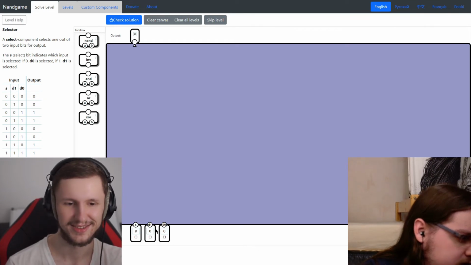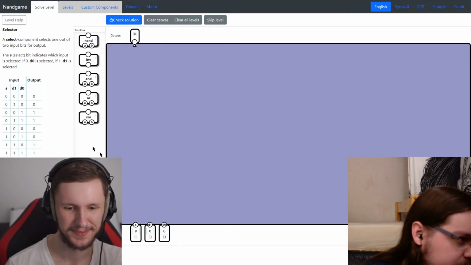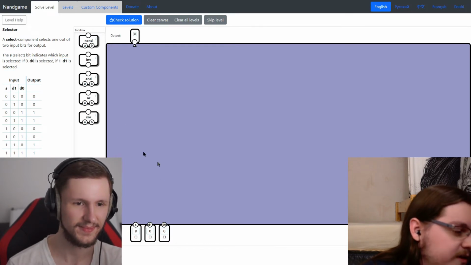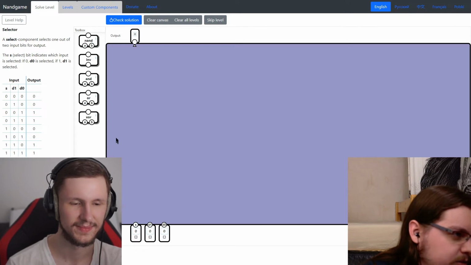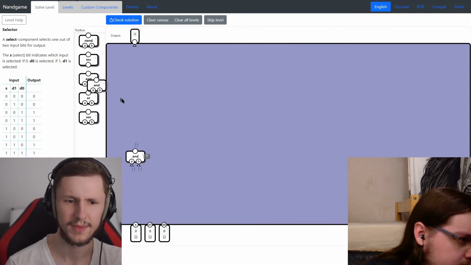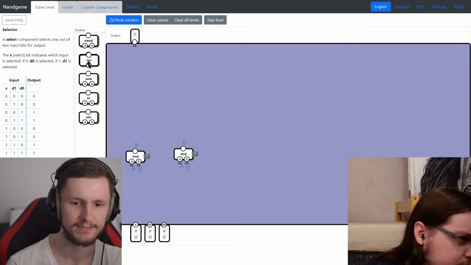What you want here is it uses the same amount of relays. You want it to output 1 if D0. So basically, I think what you want is to combine them with an AND gate, and with an AND gate and an inverter, and then you put an OR gate here.